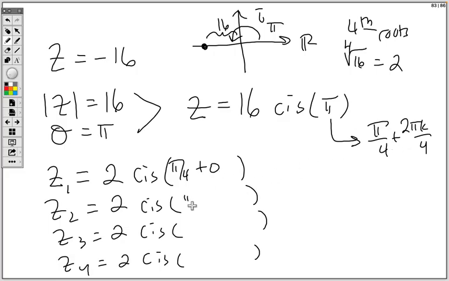Then I'll go to pi over 4 plus what? Well, 2 pi's over 4. And then pi over 4 plus 4 pi's over 4. And then pi over 4 plus 6 pi's over 4.